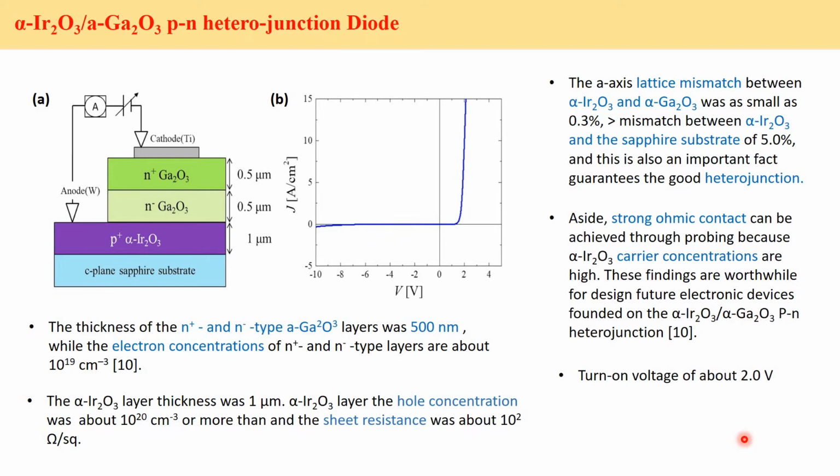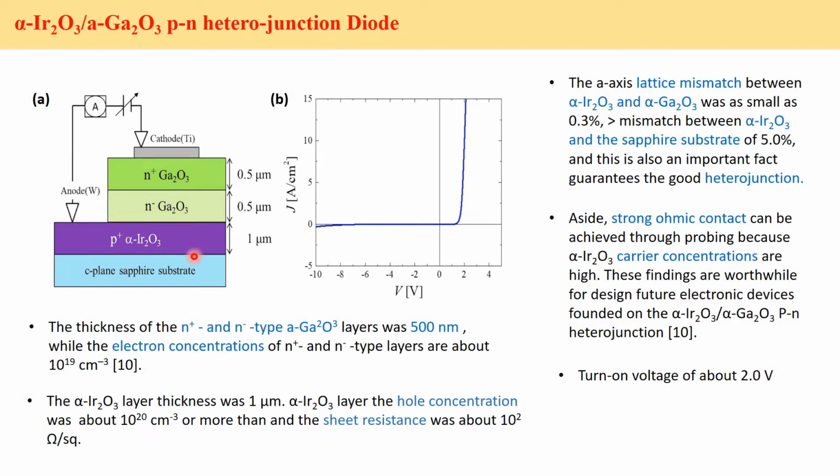Here we have presented a schematic diagram of this PN junction diode and the VI characteristics diagram. Here we can see the N plus gallium oxide and N minus gallium oxide, both with a thickness of 0.5 micrometer, and P plus alpha iridium oxide is 1 micrometer.